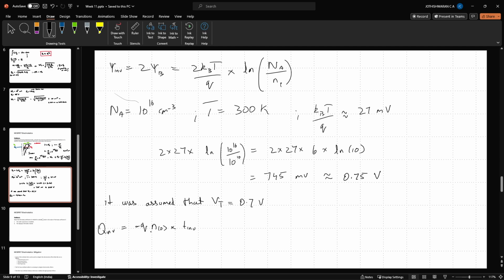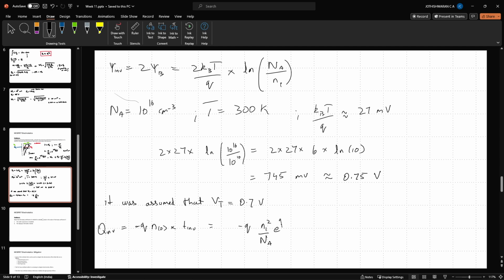Now I know this quantity here can again be written as minus Q into Ni squared by Na, so this is n0.